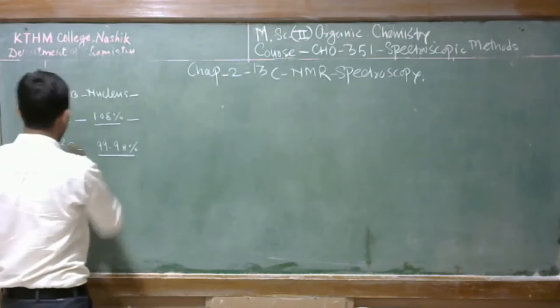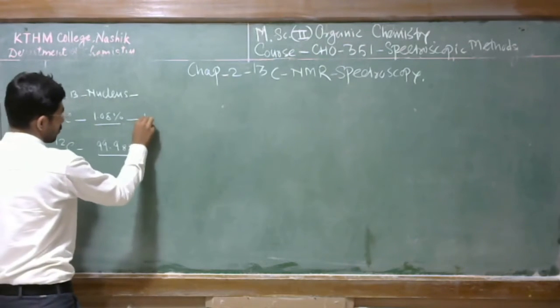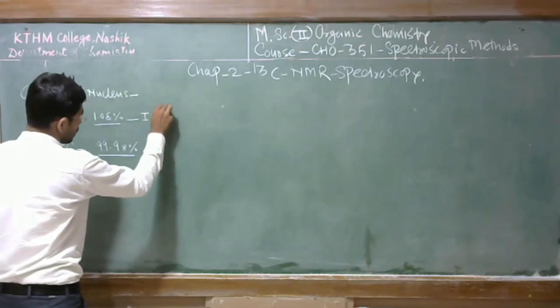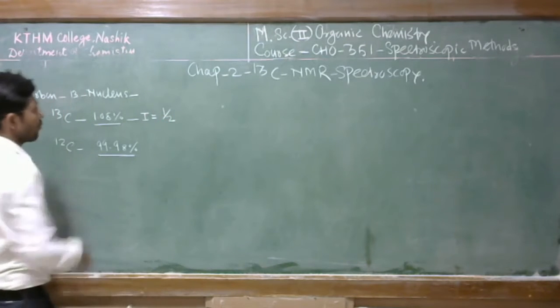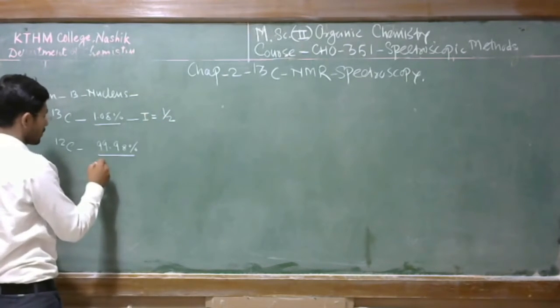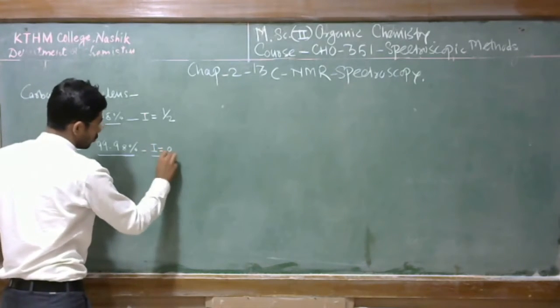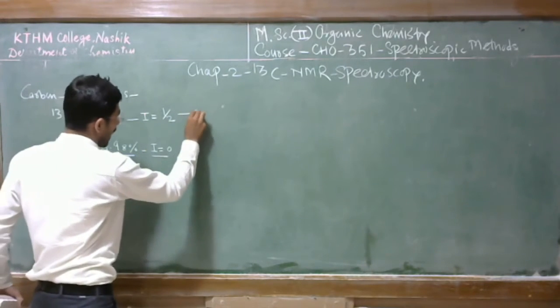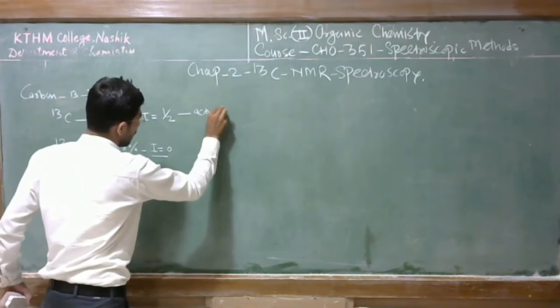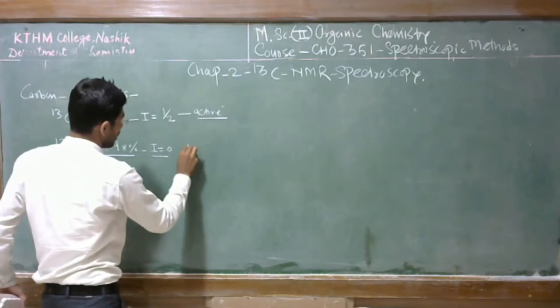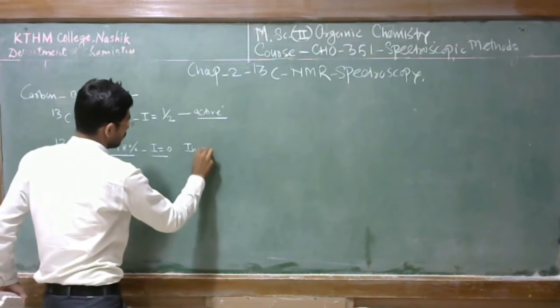This 13C has an odd mass, with nuclear spin I equal to 1/2, while 12C has an even mass with I value 0. So 13C is NMR active, and 12C is NMR inactive.